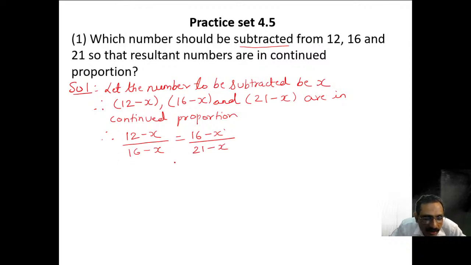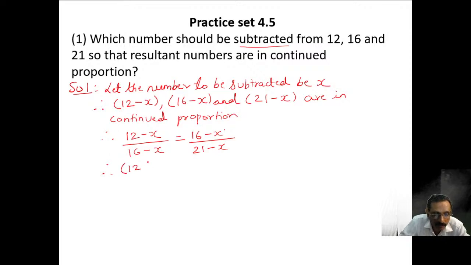Now we have come to this part. At this stage, we have seen in so many examples that what we are going to do is cross multiply this.